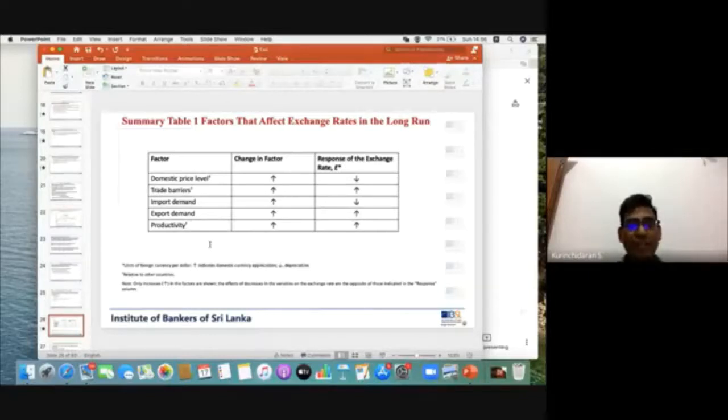When the domestic price level increases relative to other countries, let's take two countries. Our price level increases more than the other or foreign country. Then what will happen? That means inflation. Our inflation is more than the foreign country's inflation. Then definitely the exchange rate will depreciate.